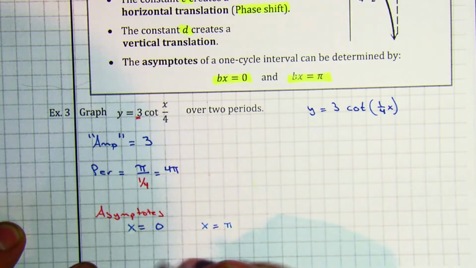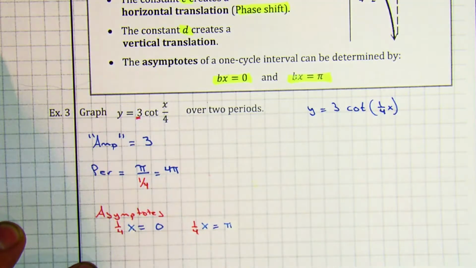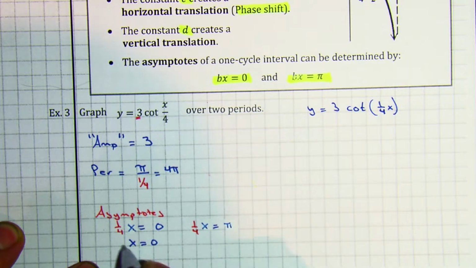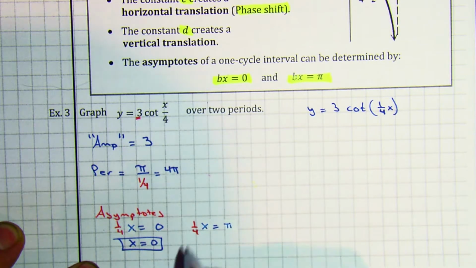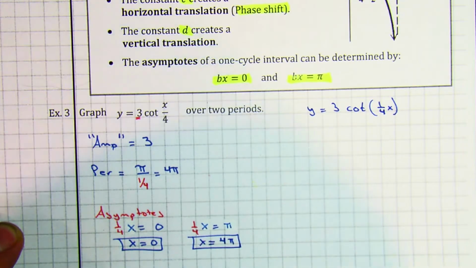In this case, your b is 1/4. So therefore, to solve for x, I'm going to multiply both sides by 4. So x equal to 0 is my first asymptote. I'm going to multiply both sides by 4, so therefore, x equal to 4 pi will be my second asymptote.